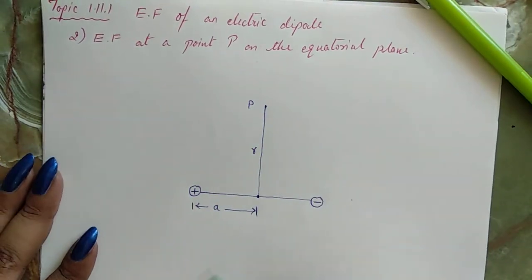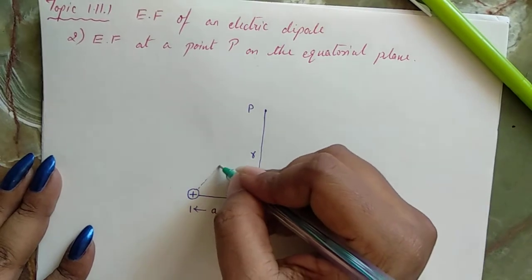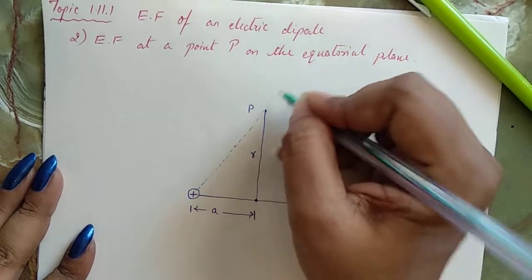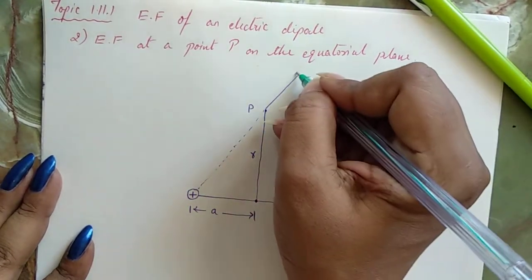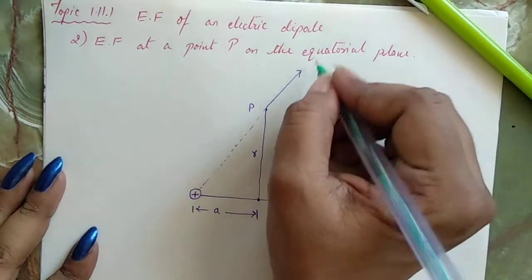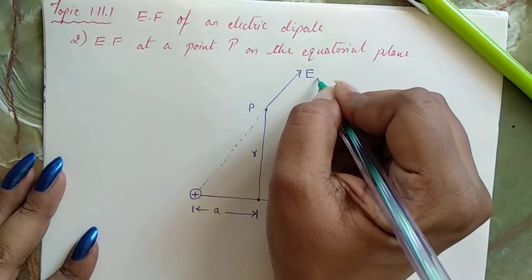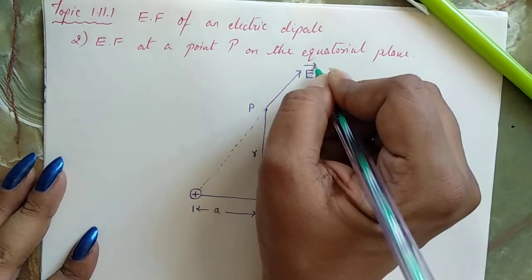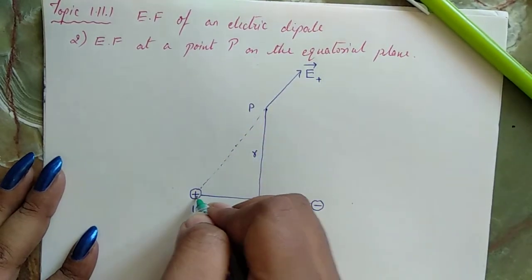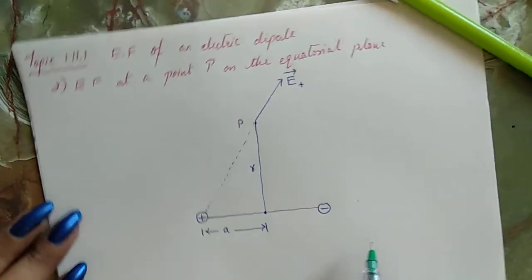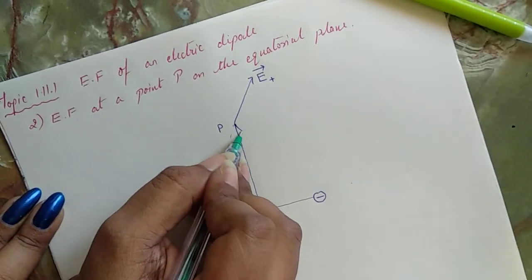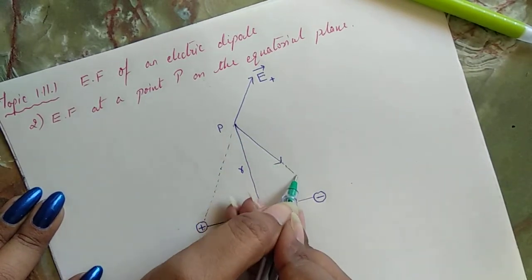First, due to the positive charge, we know that the direction will be radially outwards. So suppose this is E plus, the electric field due to positive charge at point P, and due to negative charge it will be radially inwards.